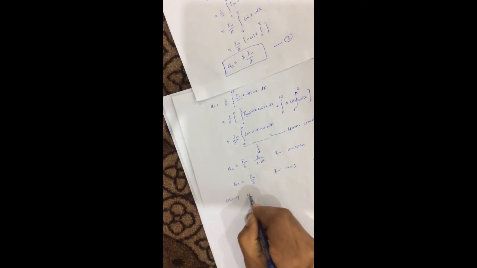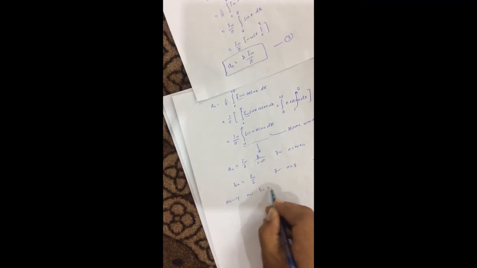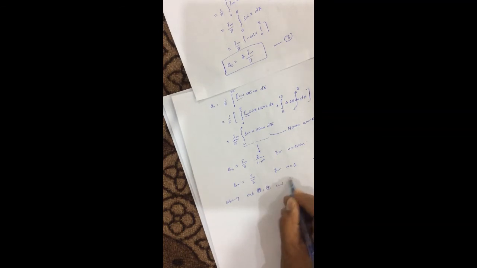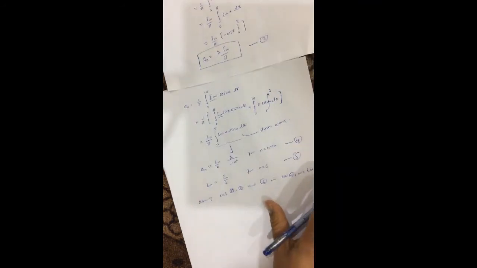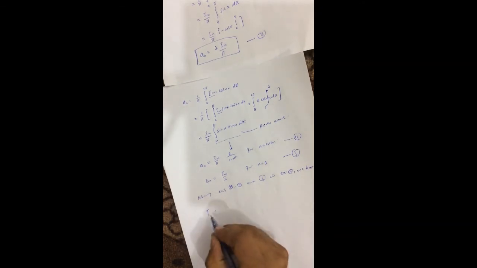Now using equations 3, 4 and 5 in equation 2, we have i of x, yes, i is a function of x, equal to a naught over 2.